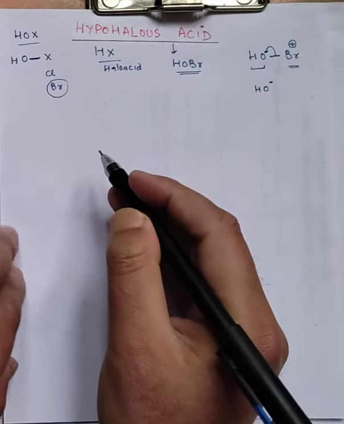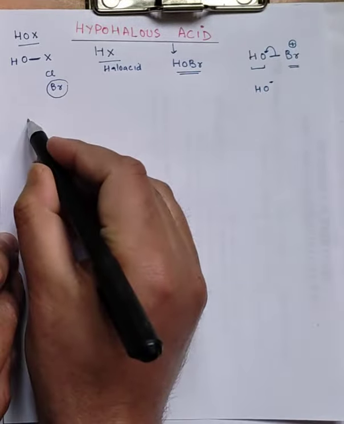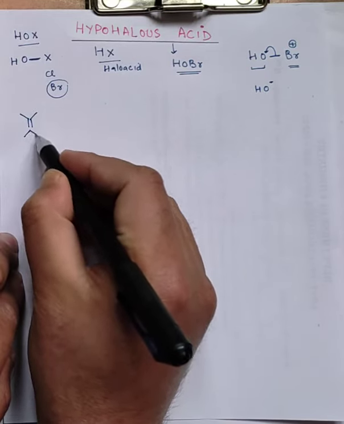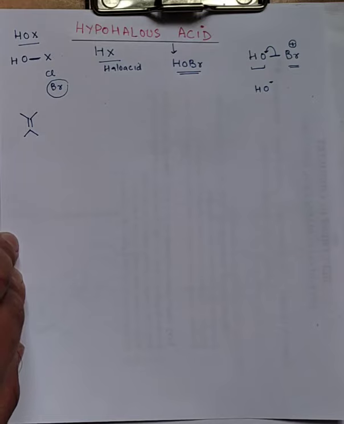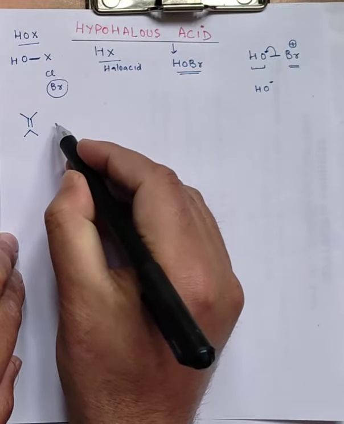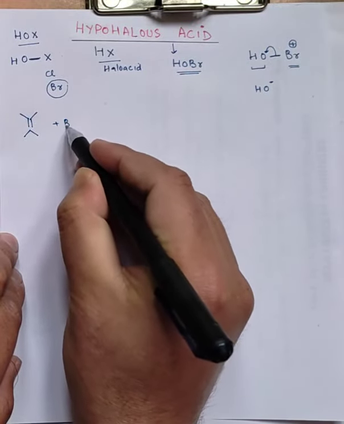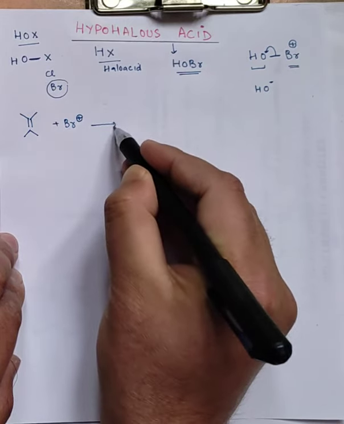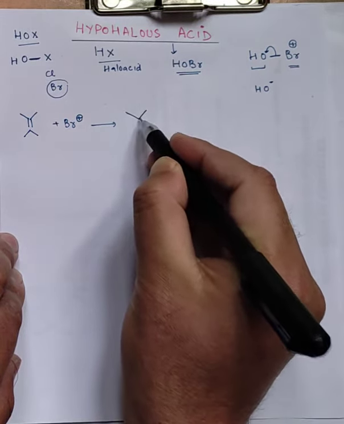Now, what they do is, if you treat an alkene with HOBr, alkene, we know it has a double bond. Because of that pi bond, this is considered to be the electron rich system.